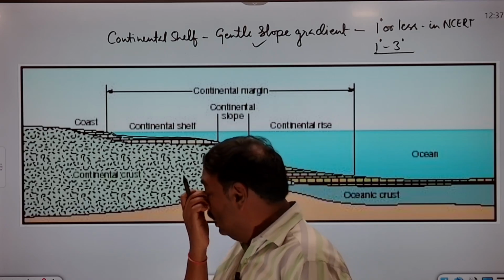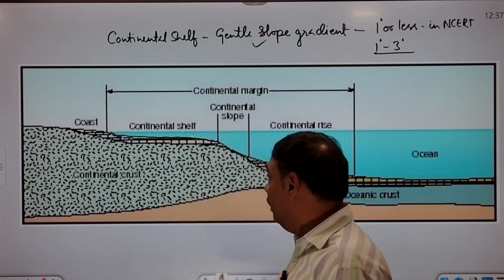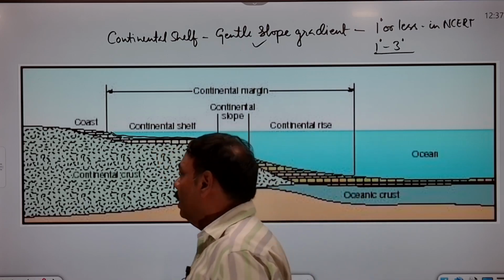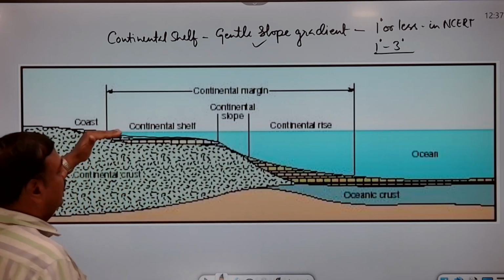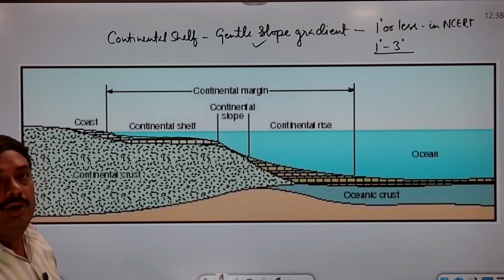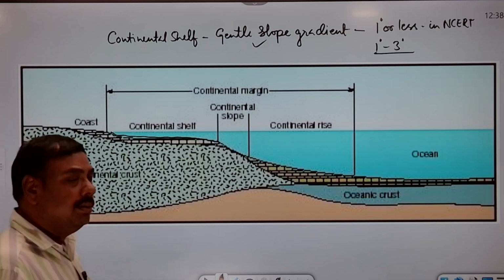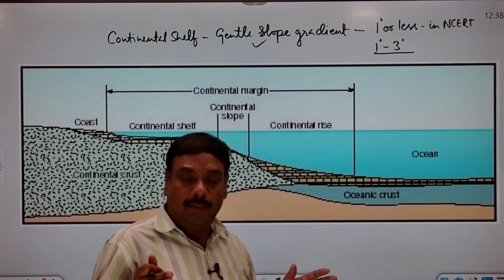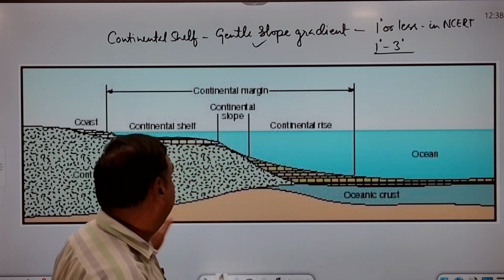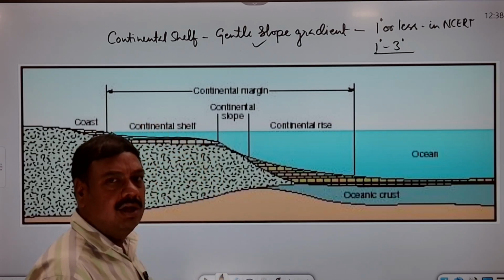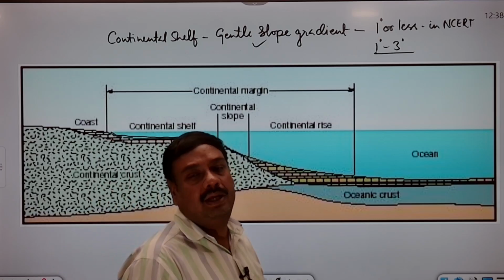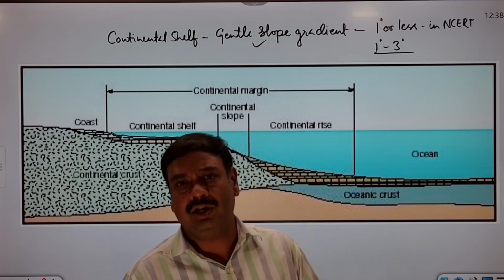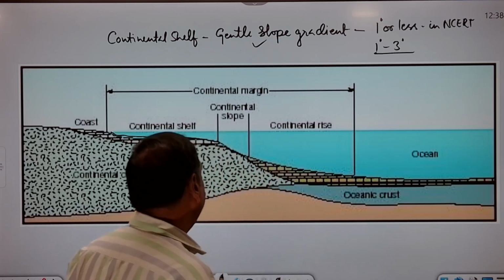The third thing is that since it is an extended part of the continental crust, the river water which moves towards the sea and drains into it carries a huge amount of sediment, and a large part of that sediment can be deposited here on the continental shelf, because it is a gently sloping region. So those sediments can be easily deposited on the continental shelf region.